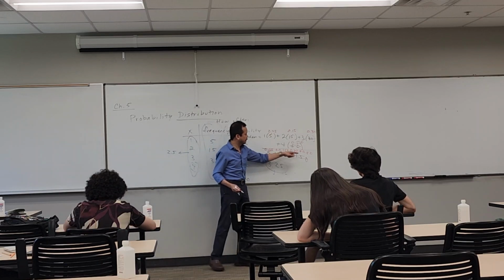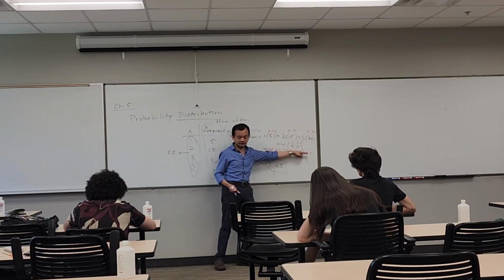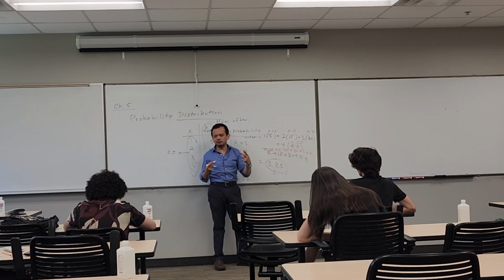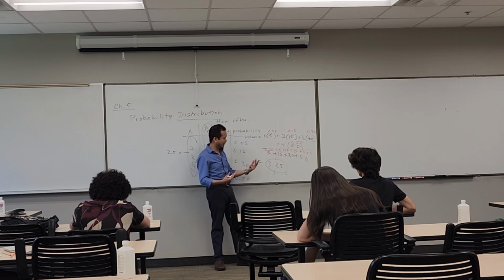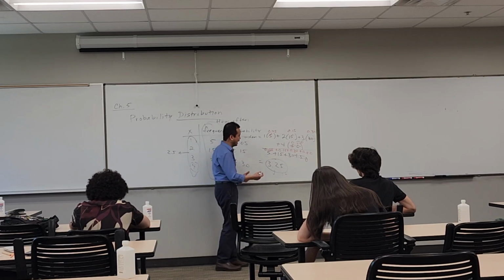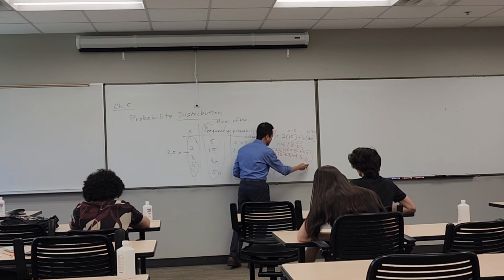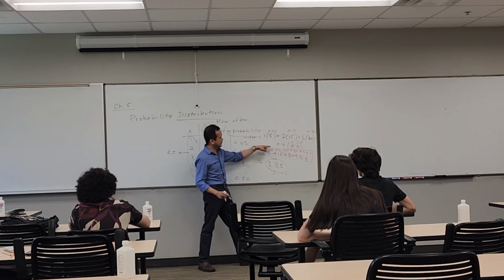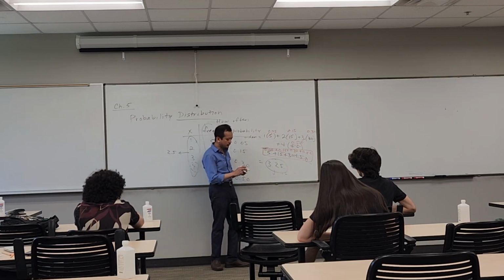And so when you're calculating the mean, the denominator always adds up to 1, and dividing by 1 is the same as not dividing. So this part you can ignore for any probability distribution when you're finding the mean. And so the mean of a probability distribution ends up just being this numerator up here.